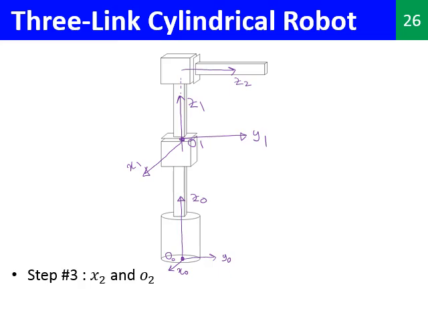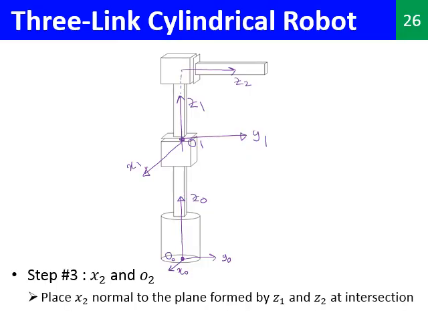In that case, we choose X2 normal to the plane formed by Z1 and Z2, and it goes through the intersecting point. So you can either choose x2 coming out of the presentation slide or going into the presentation slide. But we will choose x2 having the same direction as x1 for our convenience at the DH table. So I have x2 in this direction.